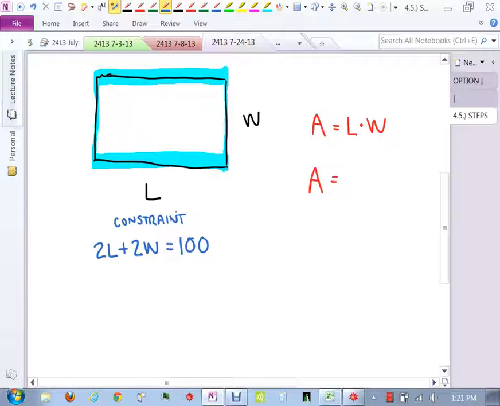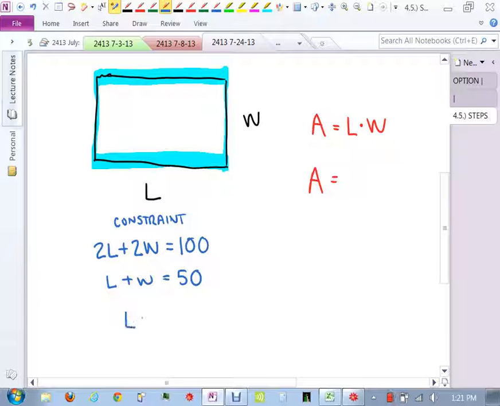So it's like we can make any rectangle we want. L and W can be anything, but as soon as I tell you you have to use 100 feet of fence, I've constrained you, haven't I? I've changed what's possible for you. So that equation is my constraint in this problem. And what I'm going to do is solve it for either L or W. So divide everything by 2 first, right?